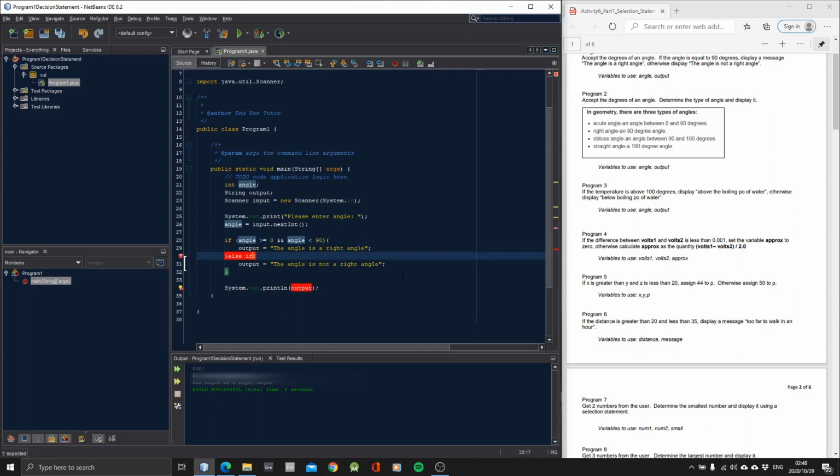Then we'll put an else if. Let's just copy this part. Else if equals to 90, and put an else if.